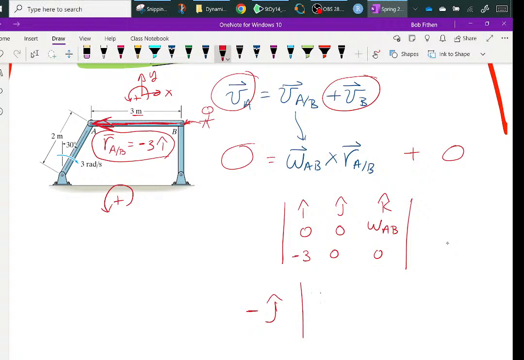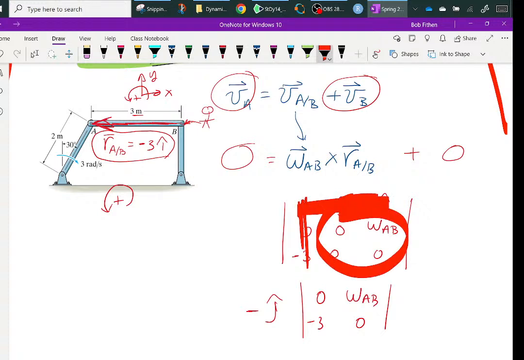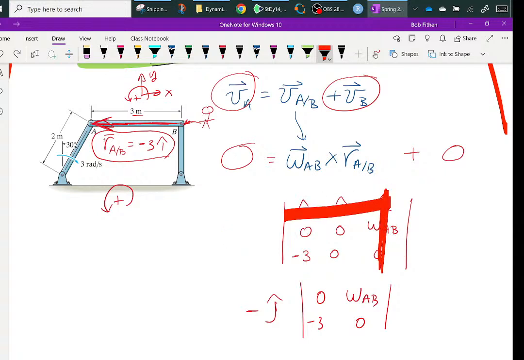I'm just going to look at this, which is -3, omega AB, and 0. So again, let me repeat myself. If I do the I component, I take this out and this out, take the determinant of that. That's not going to get anything. If I look at the K component, take this out and this out, take the determinant of that. So the determinant of that is going to give you nothing. So there's only a J component.